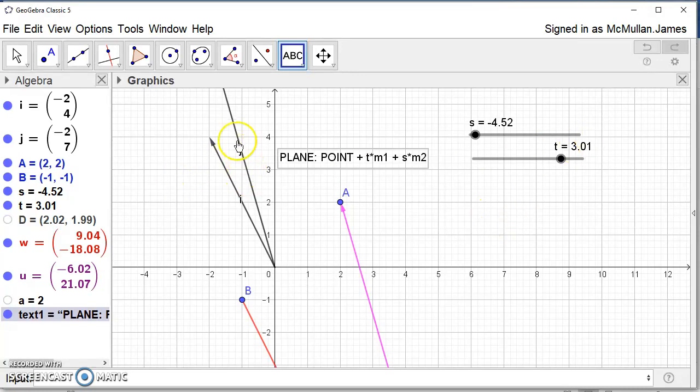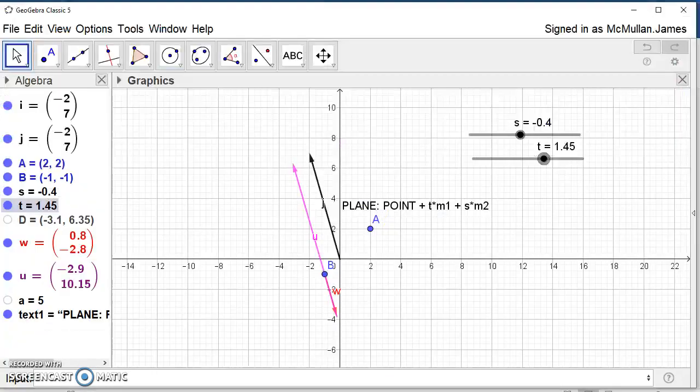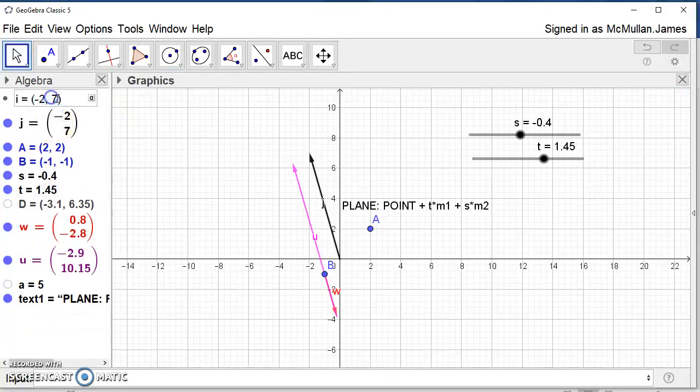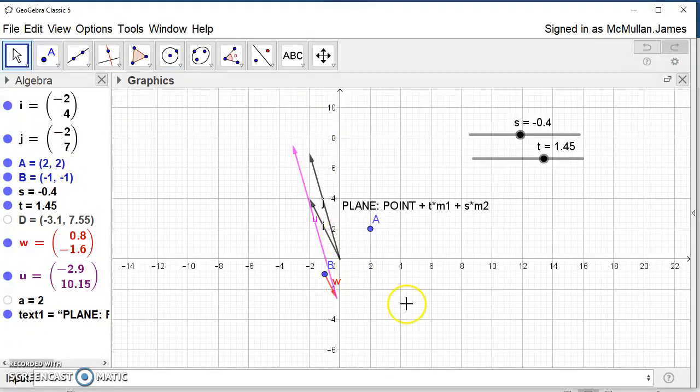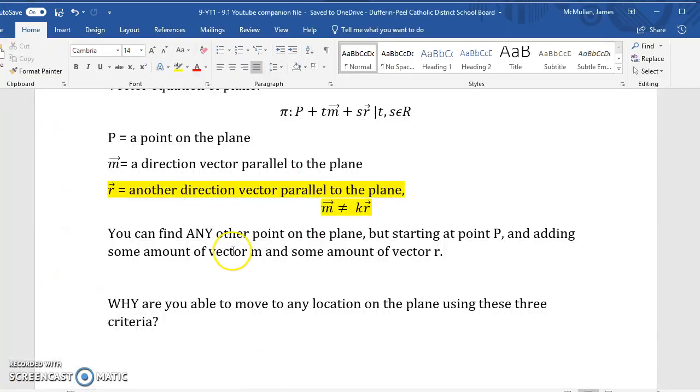And even if the two vectors are bizarre like the two I've picked here, it still works. Even vectors that don't seem like good candidates for the basis vectors of the plane still work.